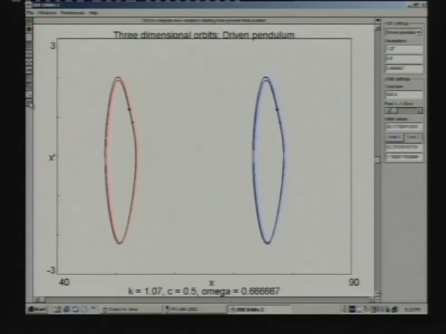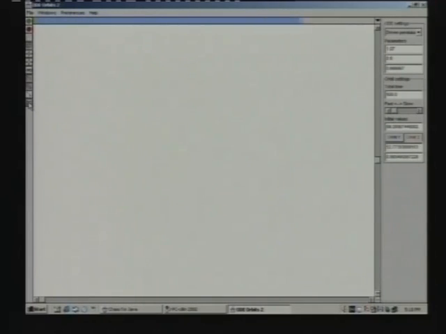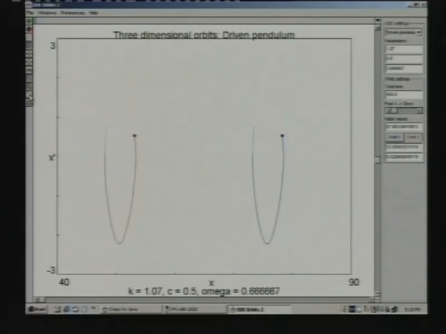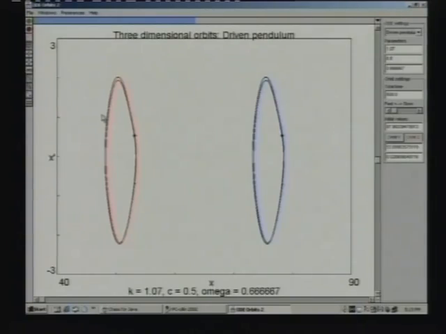Okay, now look what has happened. See, what is it now? It has really gone into a period 2 orbit, both of them. Can you see? There is a difference here.